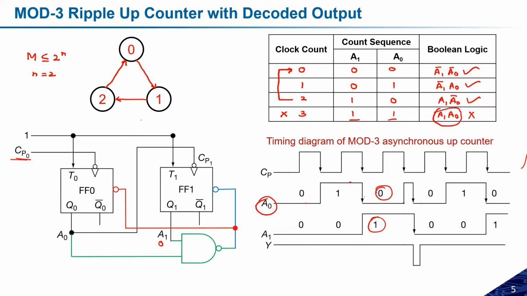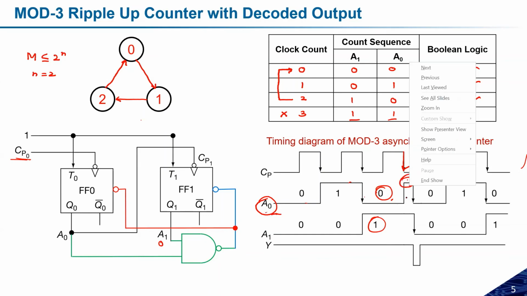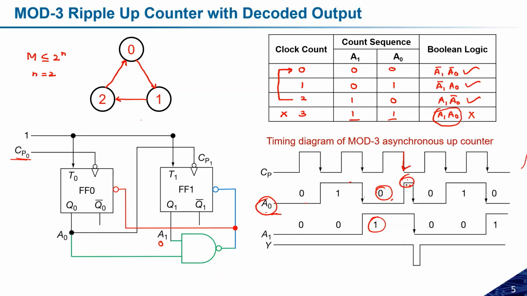Once the next clock pulse comes, and this point is really very important, you should note this one, a0 should change its state from 0 to 1. Because the clock pulse has been executed, it will take some time, so you cannot get the output immediately.